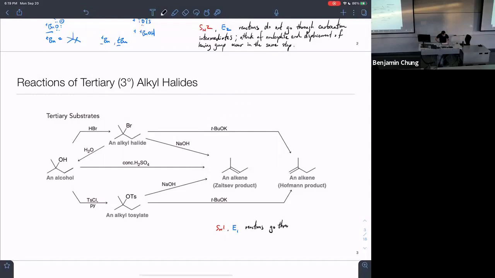So they go through a carbocation intermediate. Which essentially means that the carbon leaving group bond breaks first.